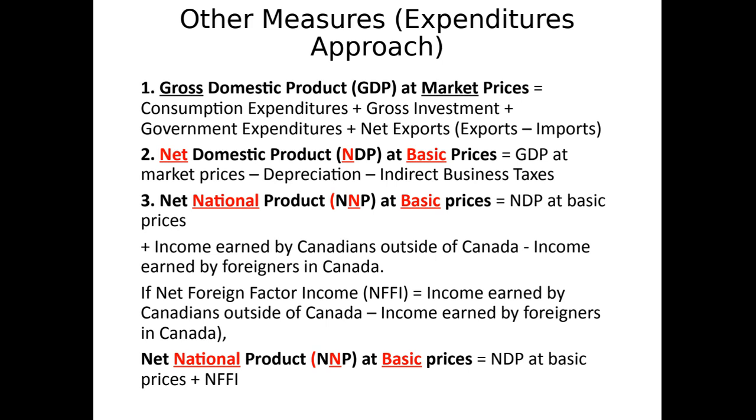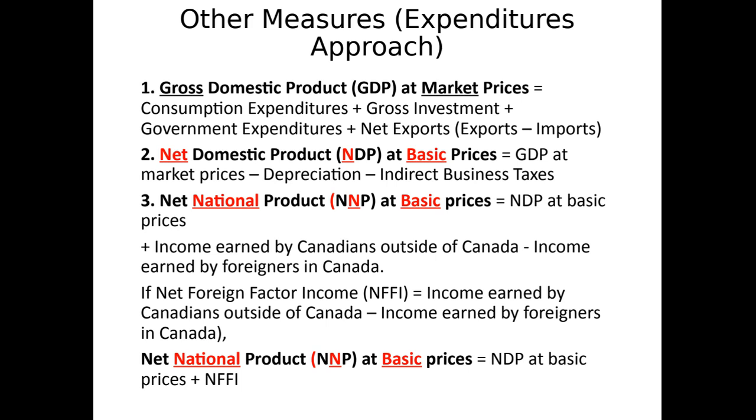Now, this is the summary of other measures of a country's total output after making certain adjustments, right? I use the red color just to show how I make adjustments. Let's start with gross domestic product. You all know what gross domestic product is using the expenditure approach.